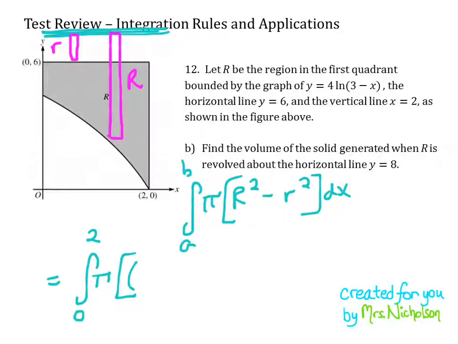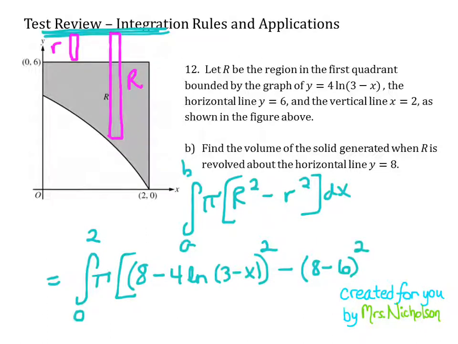So my big R, the top is 8 minus the bottom, that would be that 4 natural log of 3 minus x function. So that's my big R, and I need to square it, minus the little r, which is going to be top minus bottom. In this case would just be 8 minus 6, or you could just put 2. Either one would be fine.